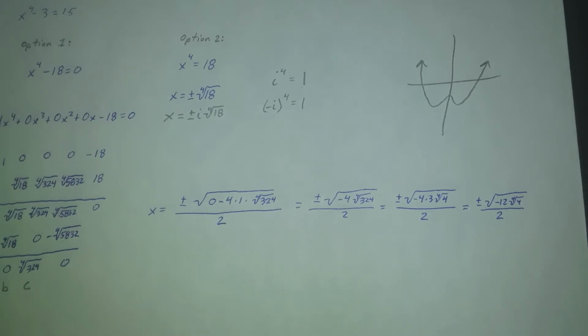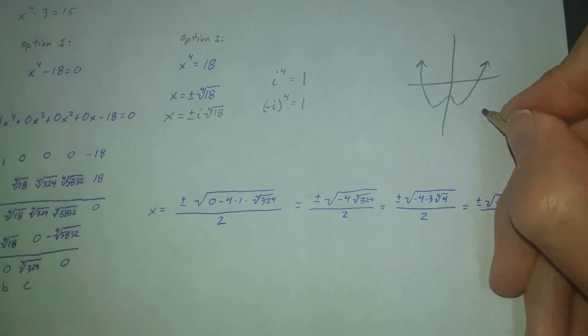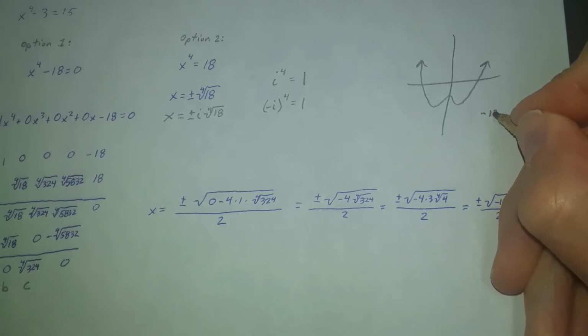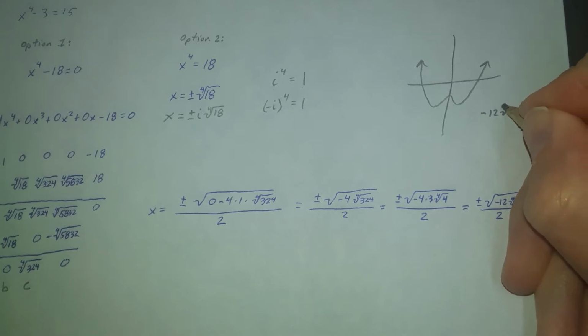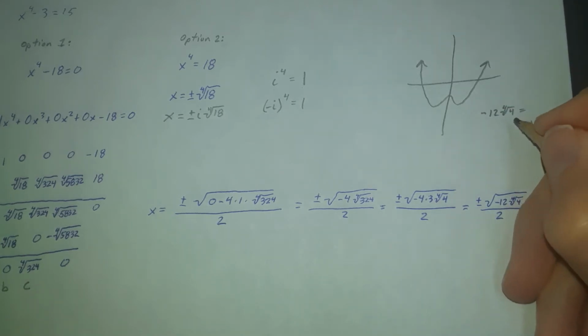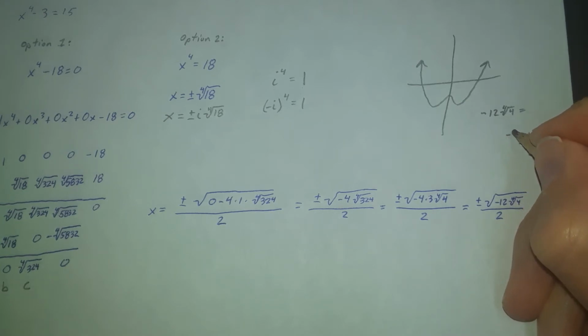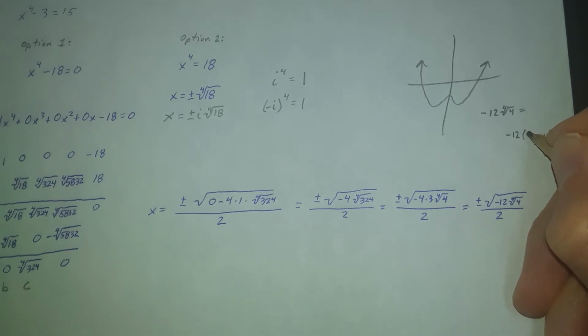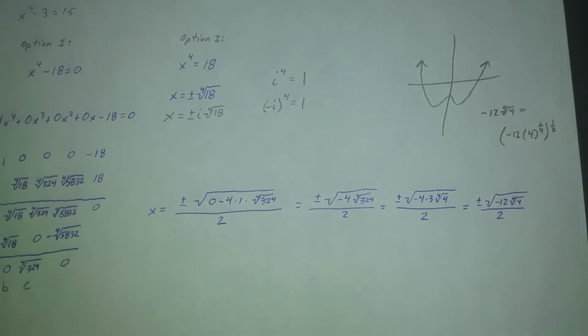At this point you probably want to do some side work to figure out what's going on here. In the numerator, I just want to write this out: negative 12, fourth root of 4. And I want to rewrite this with exponents. What I have going on here is negative 12 times 4 to the fourth root, and all of that is to the half root.